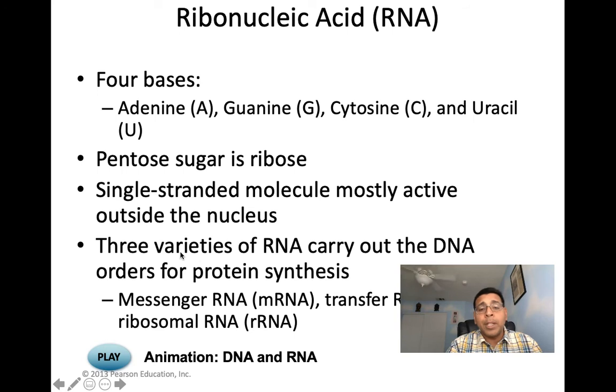There's actually 3 varieties of RNA that are going to carry out DNA's orders for protein synthesis. There's 3 different RNA molecules we're going to check out that are going to carry out all of the instructions DNA gives for making protein. And those three include messenger RNA, transfer RNA, and third, ribosomal RNA.